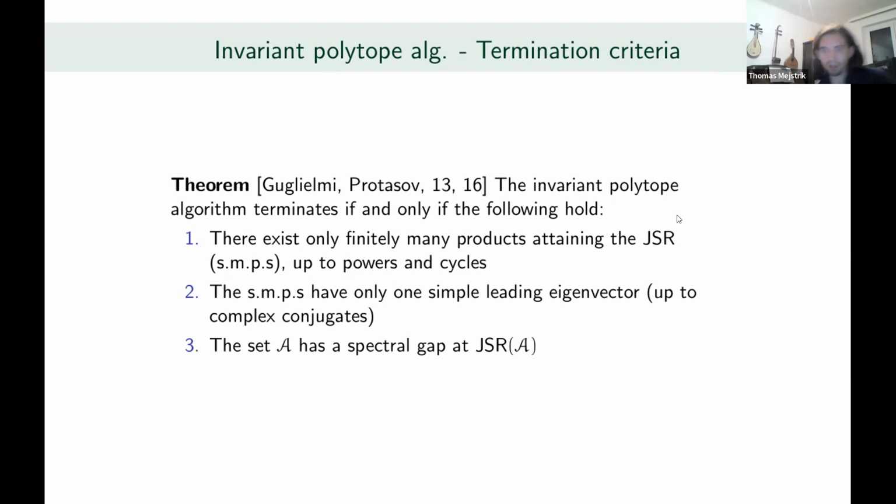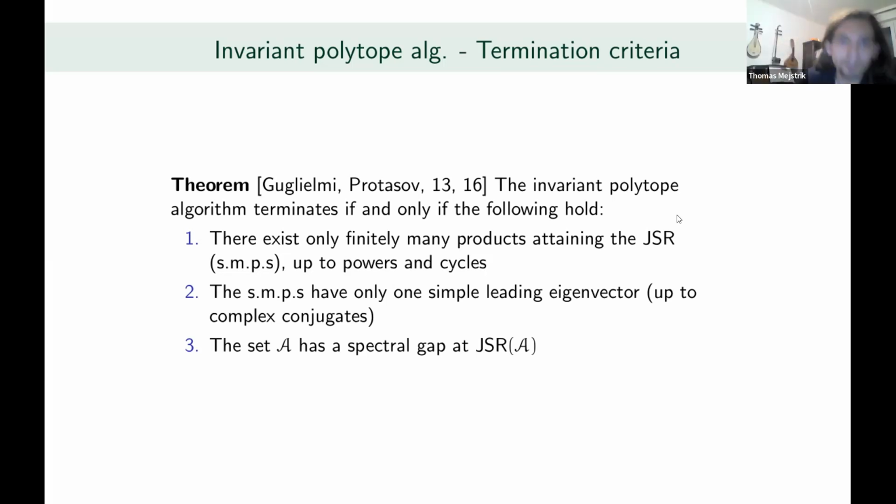So the spectral radius of any matrix product is either the joint spectral radius or is bounded strictly away from the joint spectral radius. It's not allowed that the matrix products slowly approach the joint spectral radius.